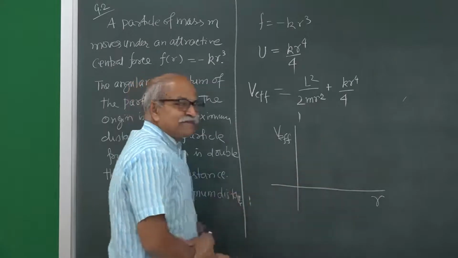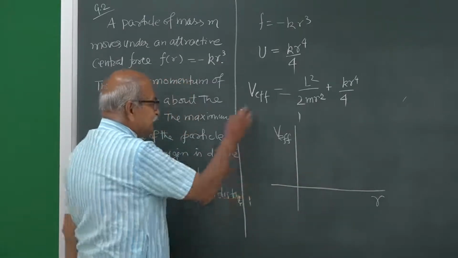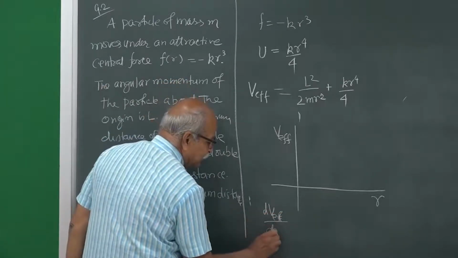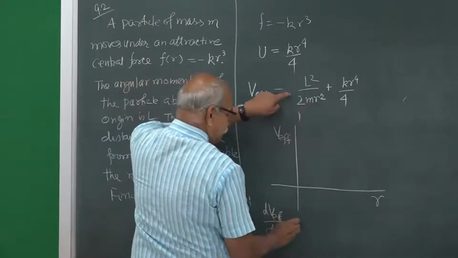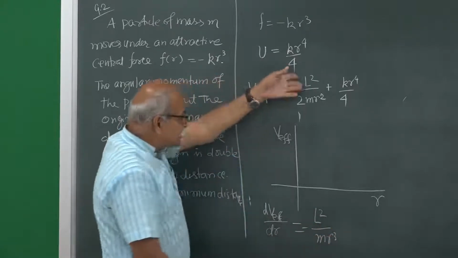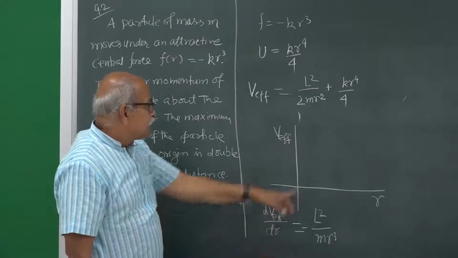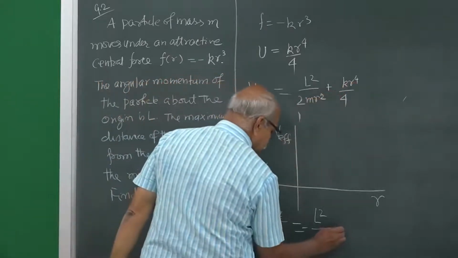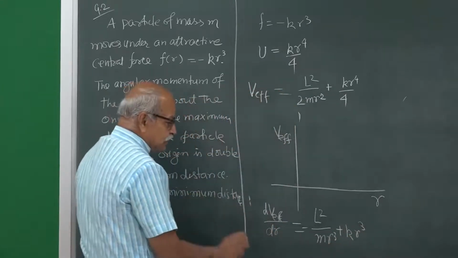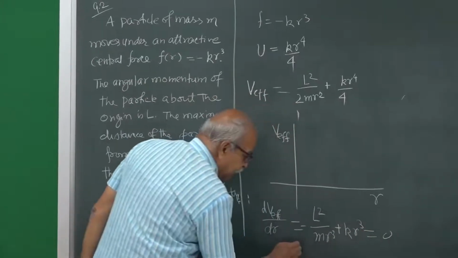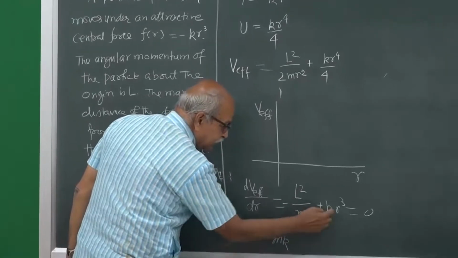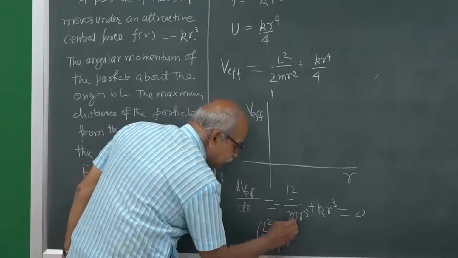What happens in between? So, look for the maxima minima of V effective, and then differentiation of this with respect to r. So, if you differentiate, you have minus L square by m r cube, this term will always occur. So, I remember it, and then here when you differentiate, it will be plus k r cube. If it is going to be 0, then you get L square by m k is equal to r to the power 6.